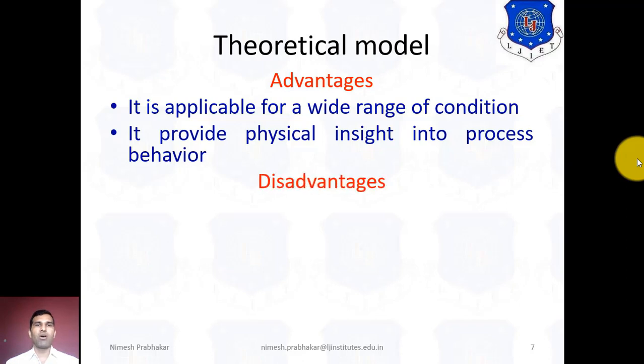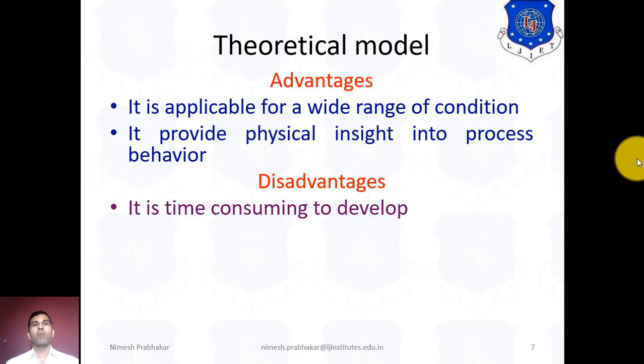Now the disadvantages of this model. The first disadvantage is that it is time consuming to develop, because we require lots of calculation to develop a model. If the number of process variables is small, then it is no problem. But if the number of variables is large, like 100 or 200 variables, then development of this type of model is really very time consuming.